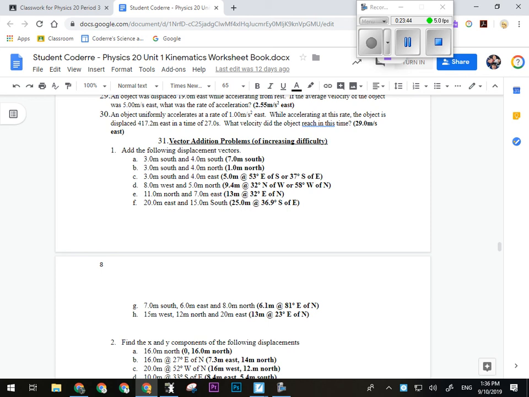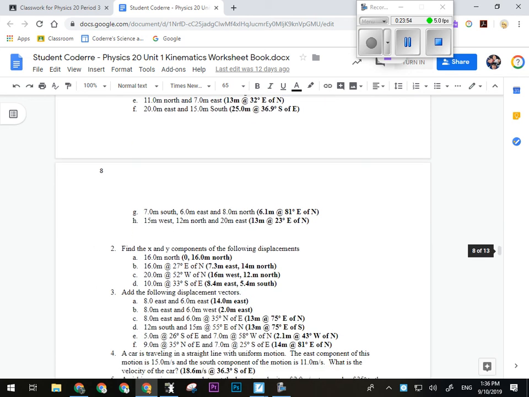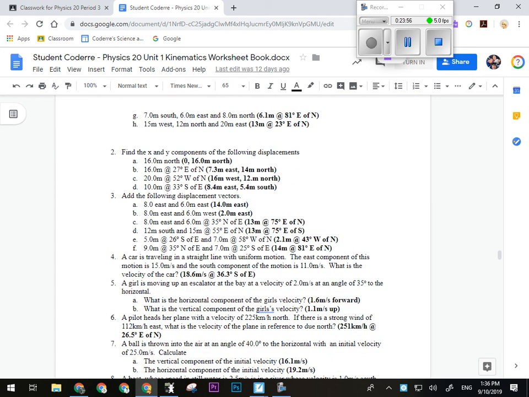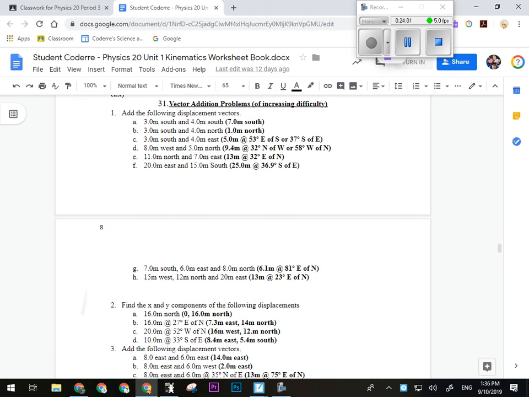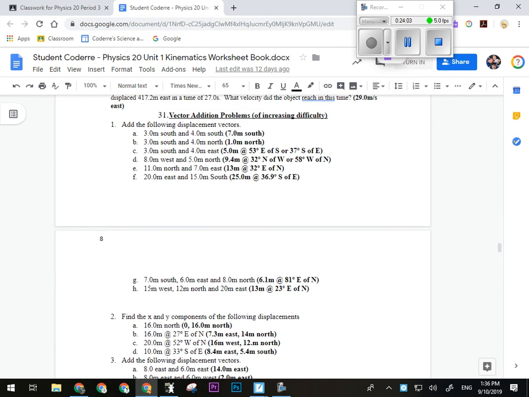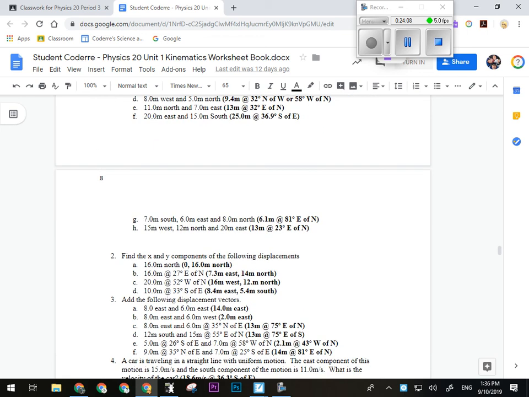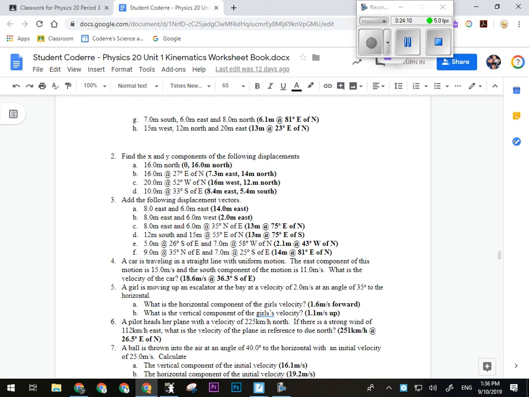They start out really easy, like the first few are collinear, and then there's a few that are perpendicular, and they're still pretty easy, but by the latter part of question number 3, you're going to have a bunch of angled ones. So you can work on question number 1, do a few, like maybe do A, and then E and F or something like that. And then I would say move on to question number 3, because we've done all this stuff already. So do a couple from number 1, and then move on to number 3, where we're dealing with some component addition questions.